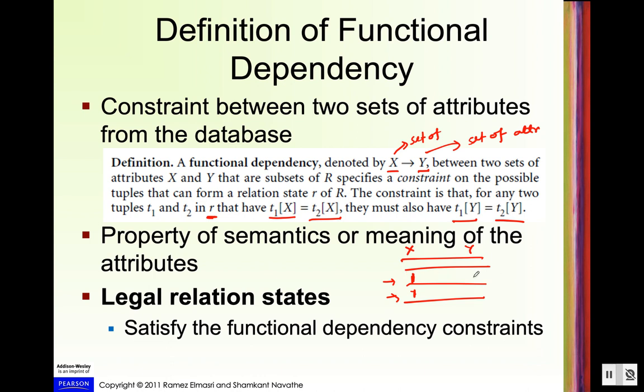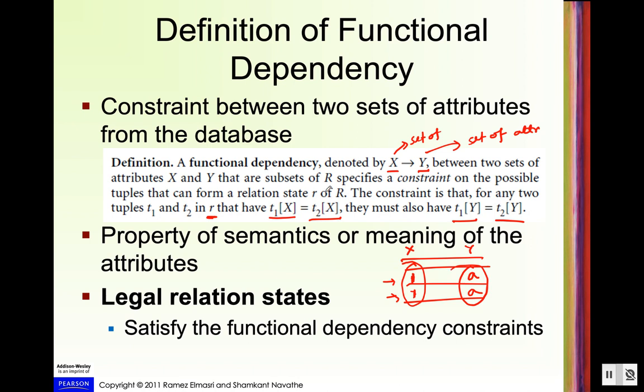Let's say for this tuple Y is a, and in another tuple if the X value is the same, the Y value also must be the same. So if the X value is the same, the Y value must be the same. We say that Y is functionally dependent on X, or X functionally determines the value of Y.